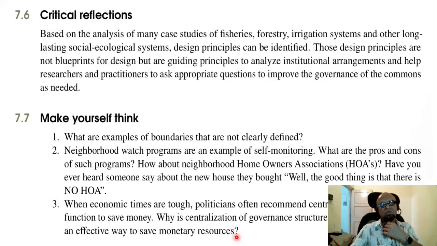Okay, so I'm obviously rushing a little bit because I want to wrap up this chapter 7. Critical reflections then on this chapter on design principles for sustaining the commons. Based on the analysis of many case studies of fisheries, forestry, irrigation systems, and other long-lasting social ecological systems, design principles can be identified.